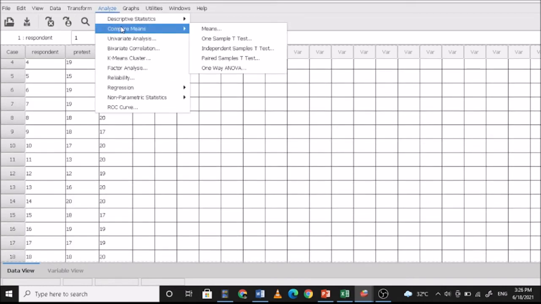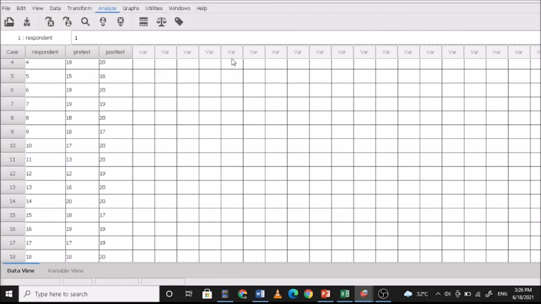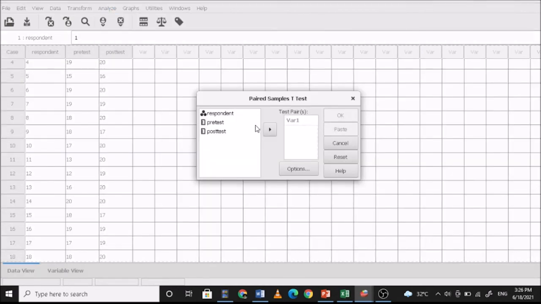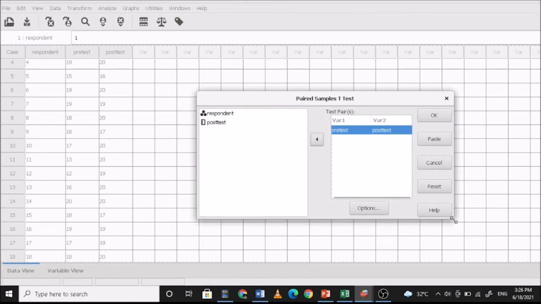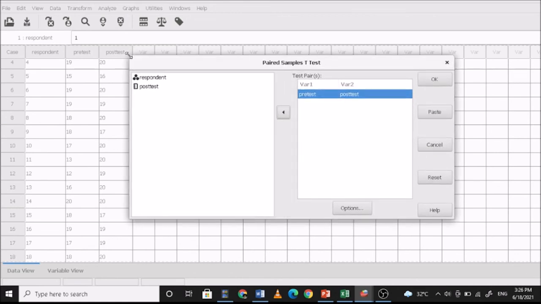Okay, so analyze, compare means, paired samples t-test. Then variable 1 is your pre-test, and variable 2 is the post-test.